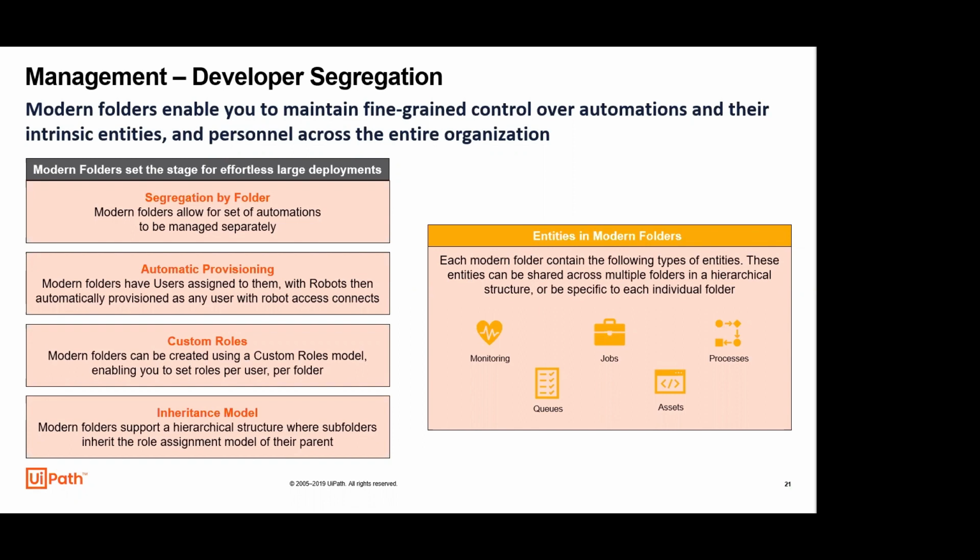And while we're on the topic of folders, in 20.4, we're introducing the concept of personal folders. With this feature enabled, citizen developers will be able to publish their work to Orchestrator under a personal folder that is going to be visible in UiPath Assistant. This helps with further segregation and governance, as the COE developed processes would likely be going through a different level of controls than citizen developed processes.